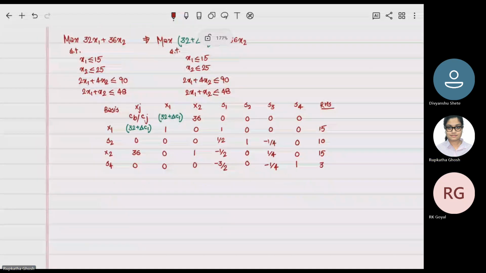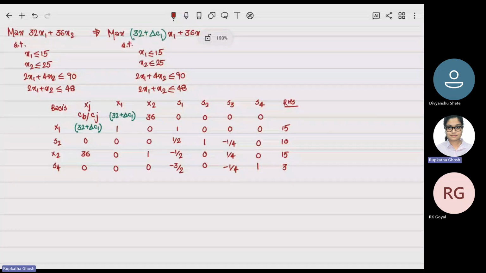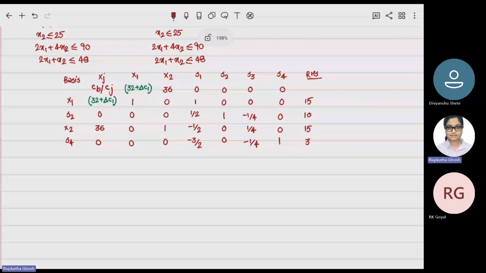Now the only thing that you need to do is, this is the only change that we are making, right? So now when you calculate Zj, you'll be getting 32 plus delta C1, then 36, then 32 plus delta C1 minus 18, so 14 plus delta C1. Rest everything again 0.